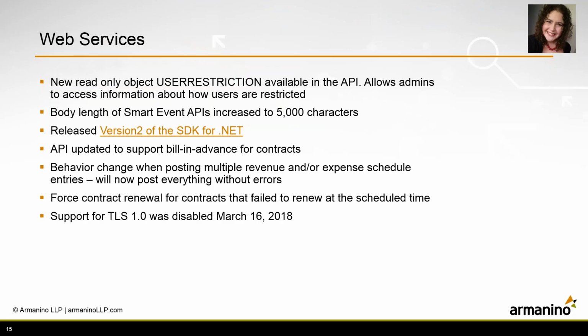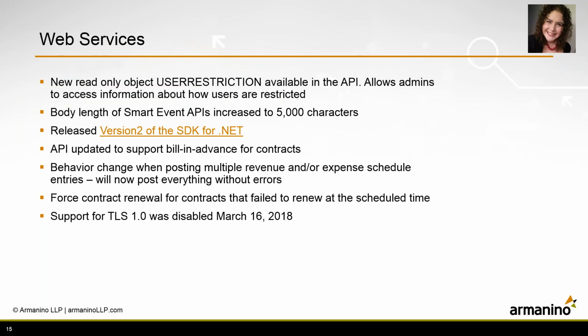So for web services, quite a few updates in this particular release. There's a new read-only object. This has been asked for quite a while, called user restriction. So this will allow you through the API to access information about how users are restricted. So you'll be able to see if they're restricted to any departments, territories, or entities right from the API.